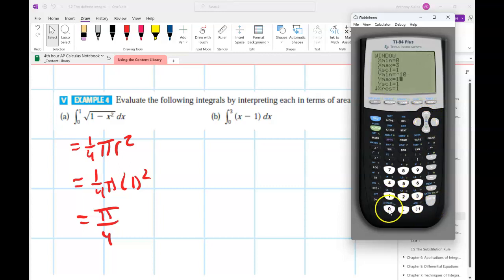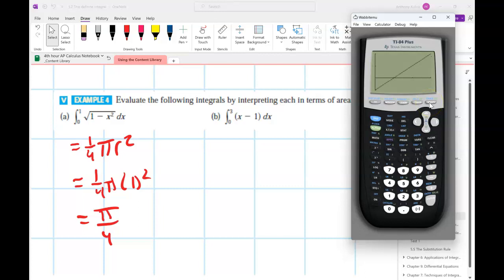Because that's just kind of what the standard window is. And I literally looked here. That's the lowest y, looks like at negative 1. That's the highest y, looks like at 2. So I just literally read the scales and went from negative 1 to 2. Yep, I got it.